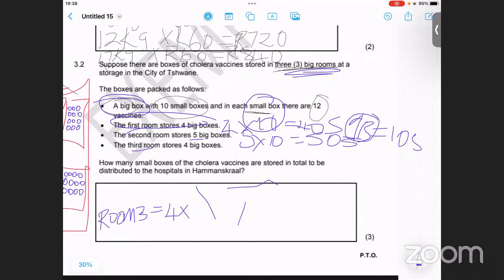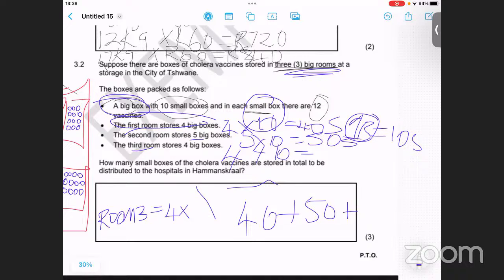So now we are having 40, we are having 50, and we are also having a last one, which is the third room that has 4 big boxes. So we have 4 big boxes, and each and every big box has 10 small boxes.